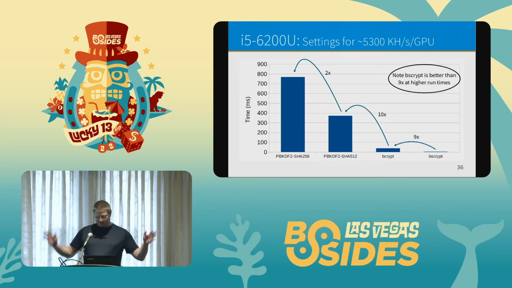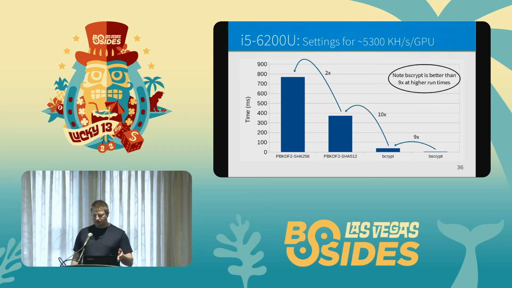All right, so benchmarks. PBKDF2 SHA-256, SHA-512, bcrypt, and bscrypt. So the settings for all three of these were set to what a GPU attacker could do for bcrypt cost 9, because that was the one that you couldn't have as much leeway with the settings.